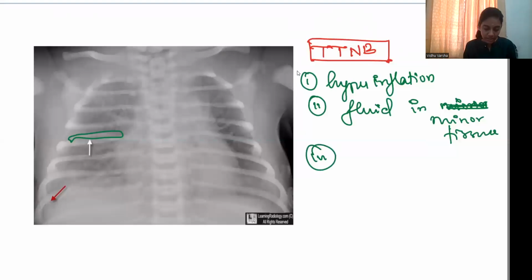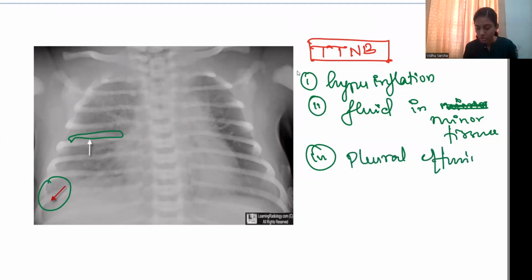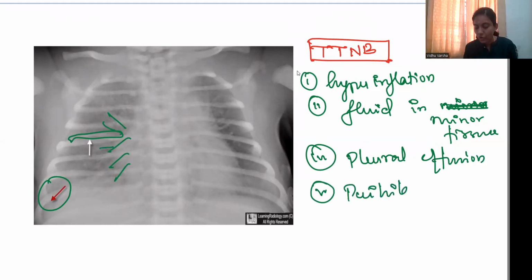Third, there can be a pleural effusion. This red color arrow indicates a pleural effusion. Fourth point, there can be perihilar streaks. These are the perihilar streaks, also called a sunburst appearance. These are the four main findings in a child with transient tachypnea of newborn.